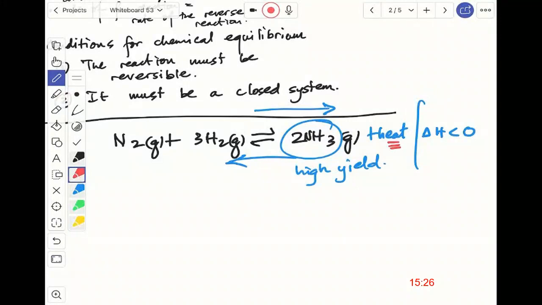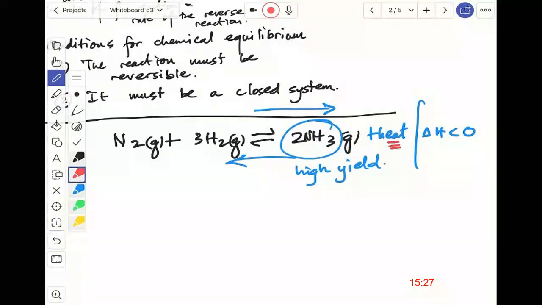However, if I have it at a higher temperature, I could get a 70% yield in 2 hours. So as a chemical engineer, I have to make the decision about how much heat I need to use so that I can make as much ammonia as possible in as short a time as possible. So that is my job as a chemical engineer.